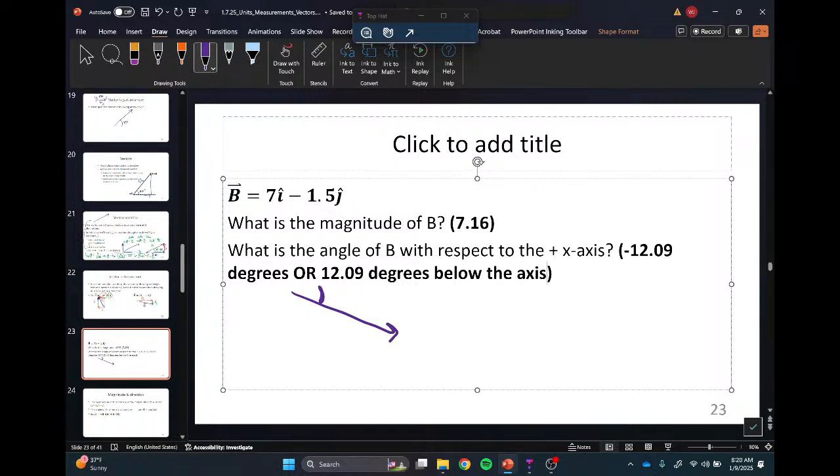Since we're below, we're going to call that angle, which is a measure from the x-axis. You're going clockwise rather than counterclockwise. But again, either answer works, or say positive 12.09 degrees below. Magnitude will always be positive.